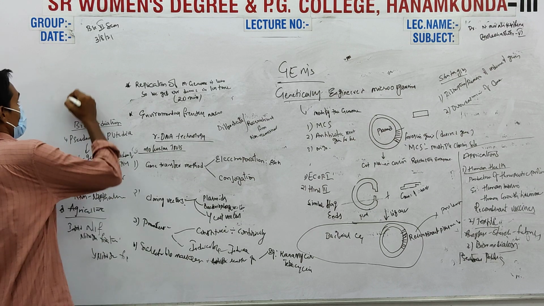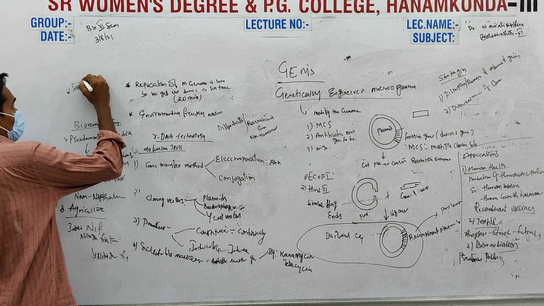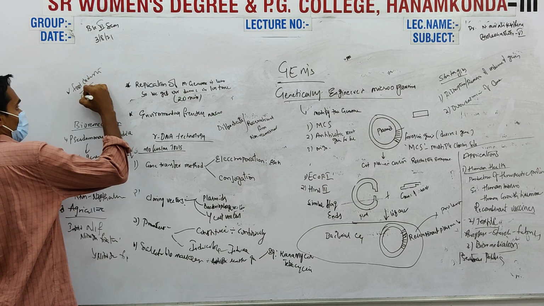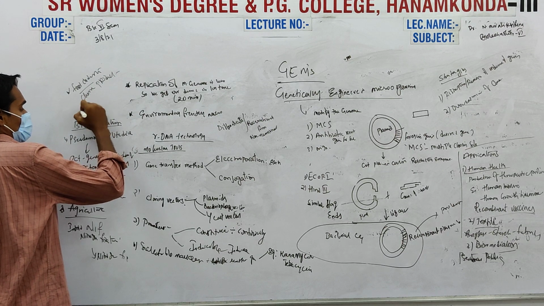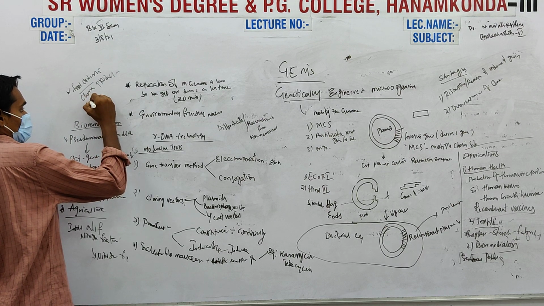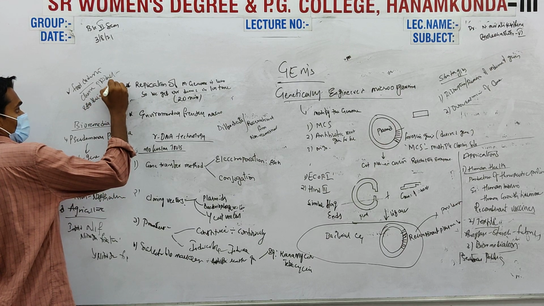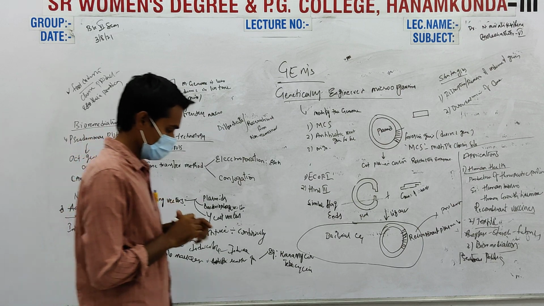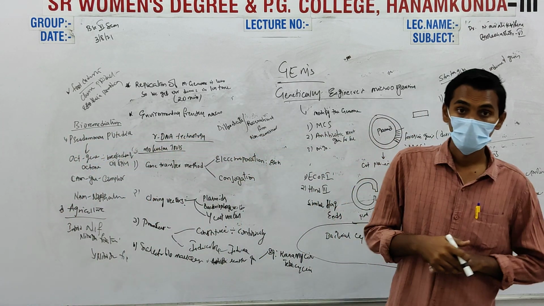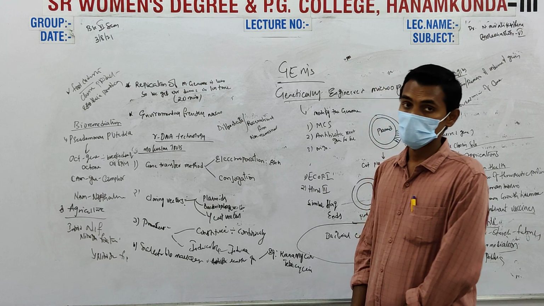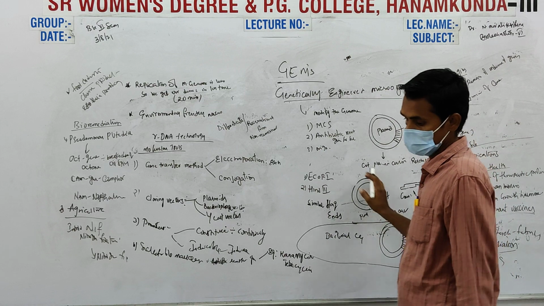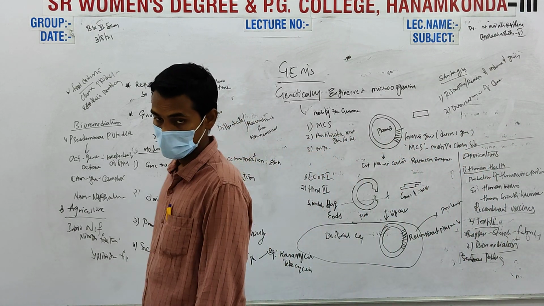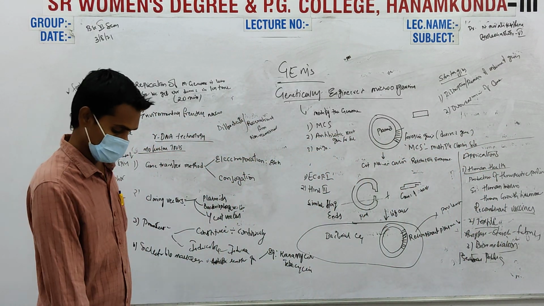And coming to the food industry, cheese production: Endothia parasitica is a microorganism which is used for cheese production. So this is all about the applications and how we prepare the GEMs.